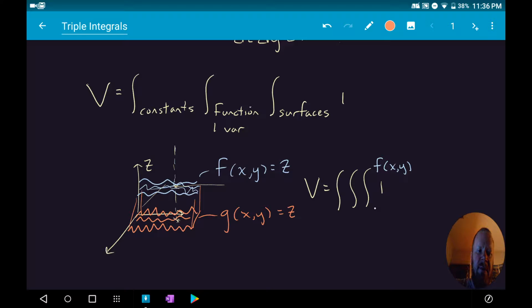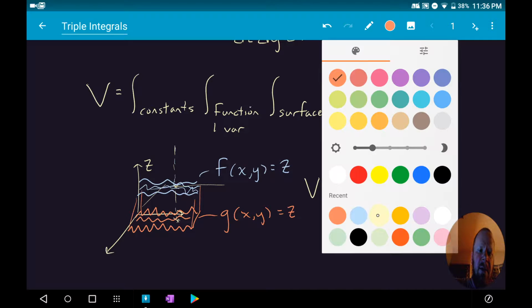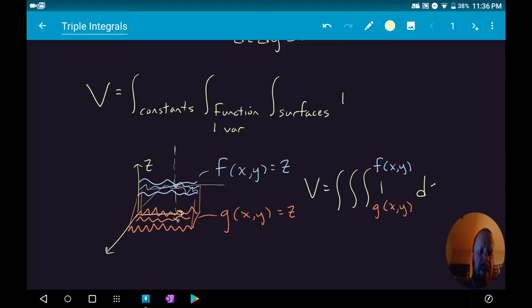That's going to go there, and my bottom surface is going to go here. And that first variable is going to be dz, because these are both z values. Z equals blah, blah, blah, z equals blah, blah, blah. So I'll put dz there.